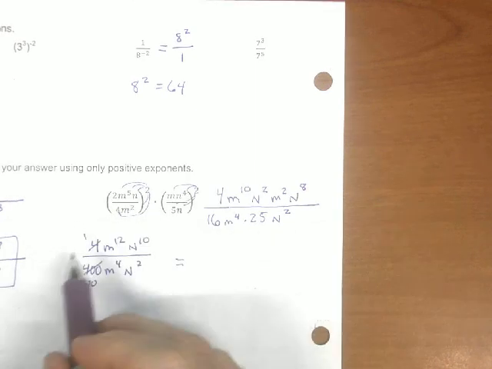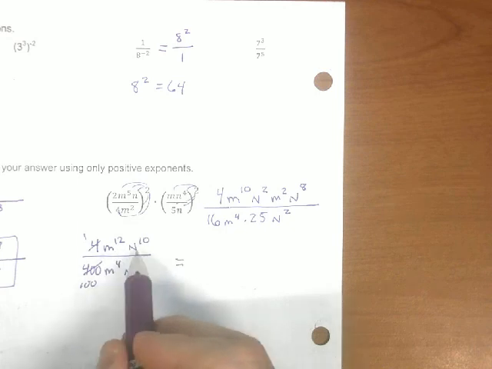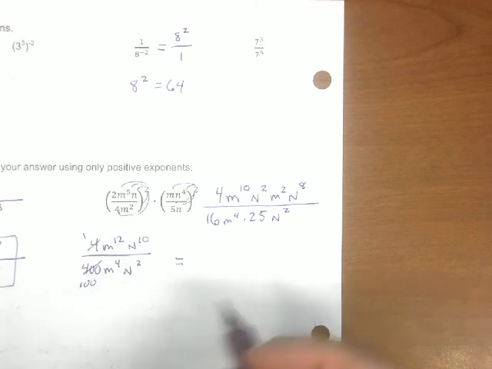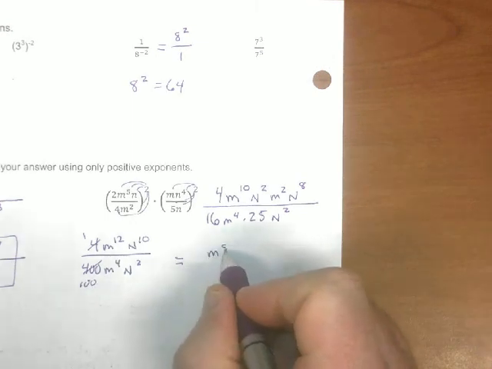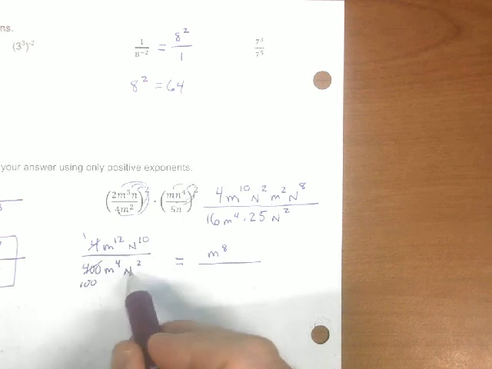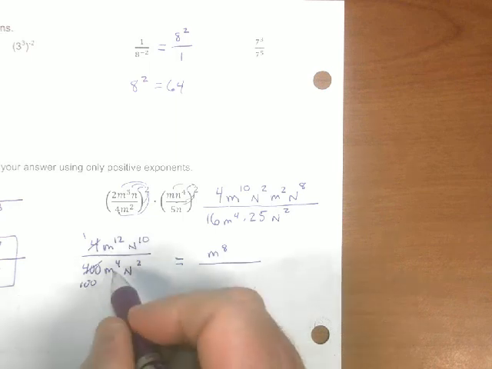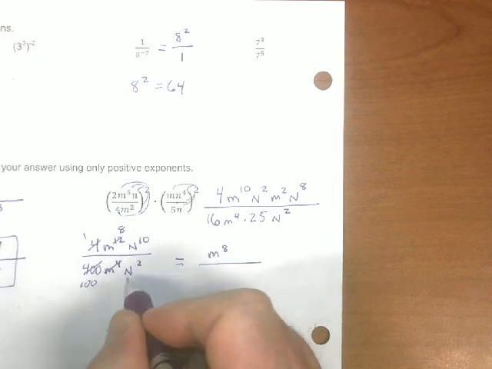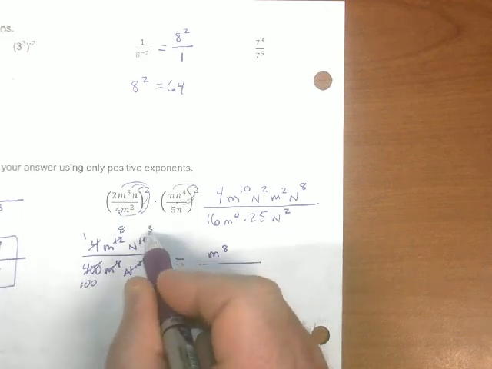We can reduce our fractions. 4 goes into 400. So again, once, and we're left with 100. That 1 will disappear unless everything else disappears on top, which it won't. I have M to the 12th over M to the 4th. So again, I'm subtracting. So I'm going to be left with M to the 8th on the top. I have 10 N's on the top and 2 on the bottom.